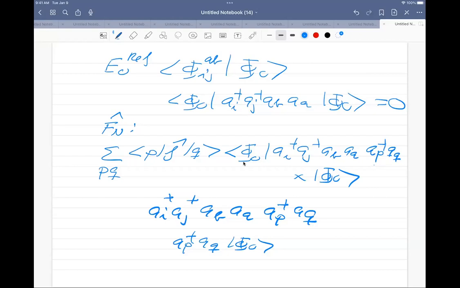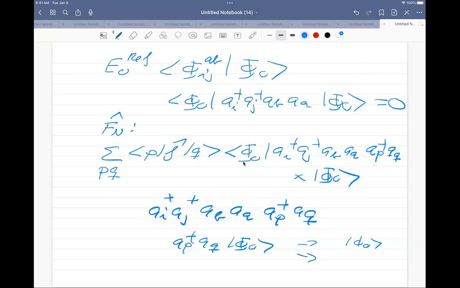So this can give us something like phi 0, if Q is a state below the Fermi level and P is a state below the Fermi level. Because then I would remove one particle below the Fermi level and the next one could add it. And that would just give me phi 0 again.